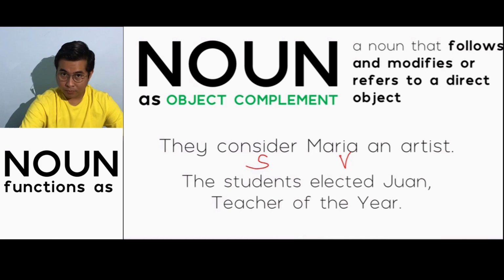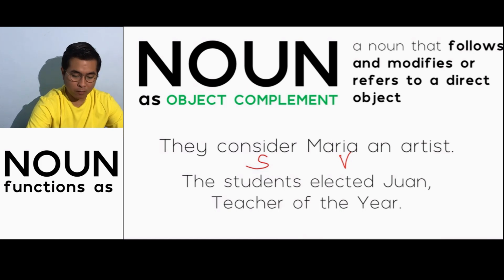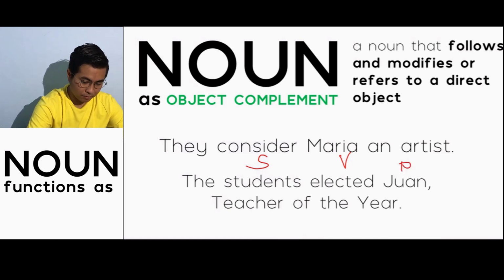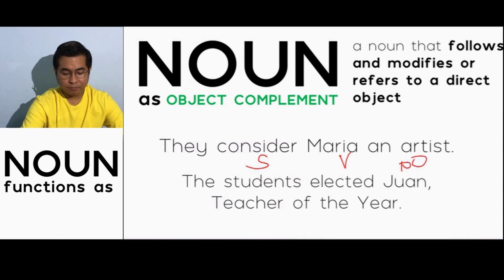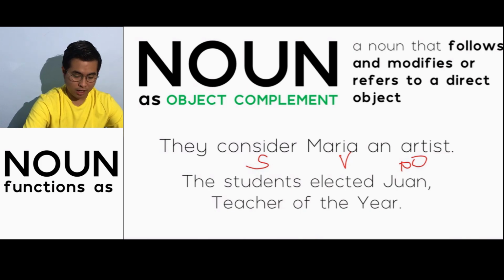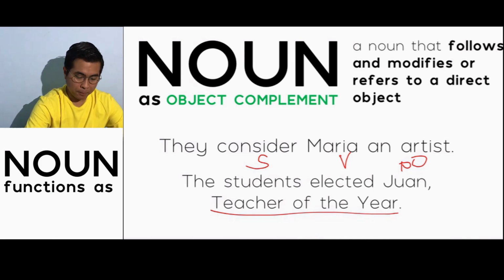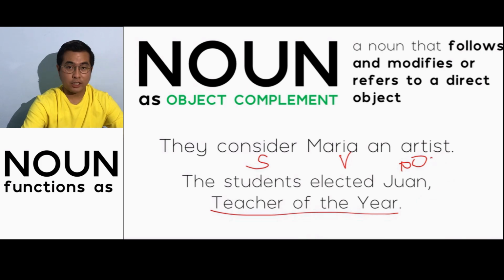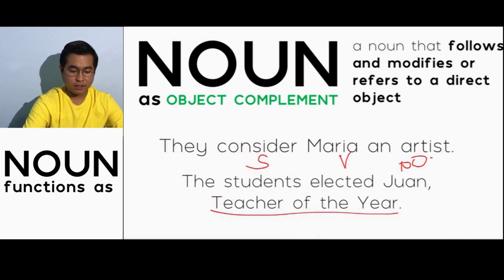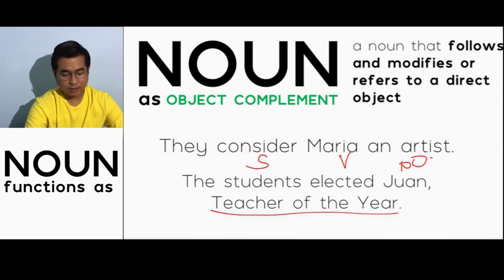Elected whom? We can look for the direct object, and that is one. And then what talks about the DO? The words teacher of the year. So this is a noun that talks about your DO, again, not your subject. That's why it's object complement. It talks about the direct object or another object in the sentence.